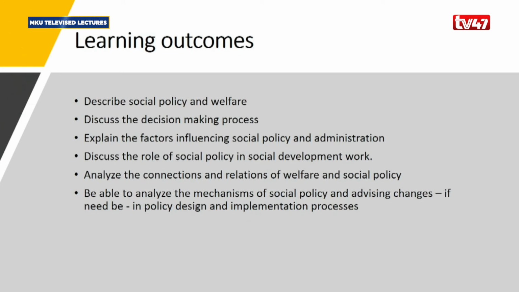You have different levels of involvement or engagement. You have different decision-making points through the whole process of coming up with a social policy. And so we'll be looking at how you make these different decision points that are required in the context of the social policy, or even in the context of administration. When you're implementing this social policy, how do you make decisions?